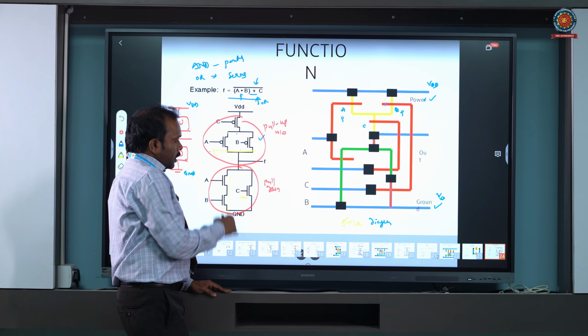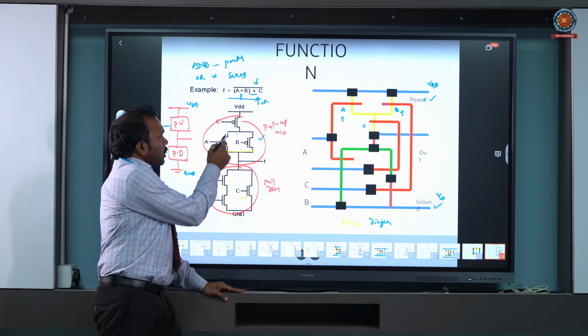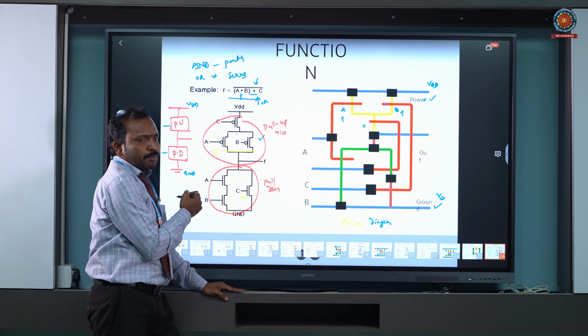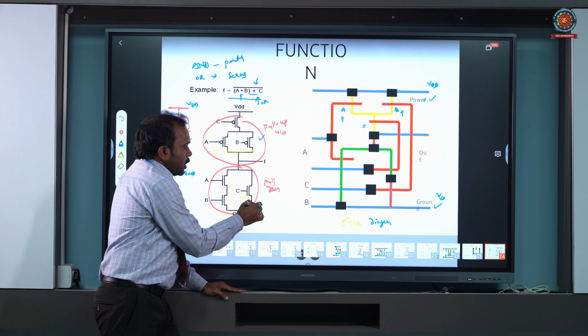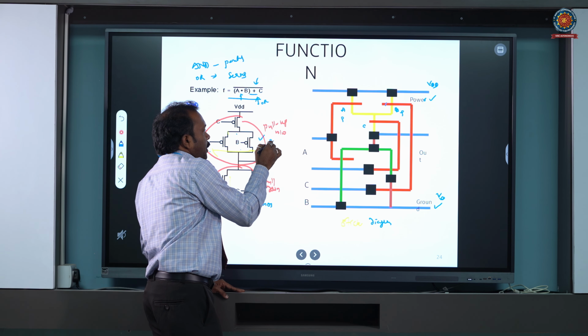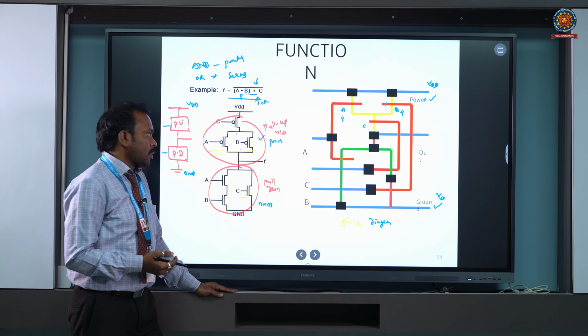Now coming to the down part, that is the pull down network. Now how can it be drawn? Here the ABC in the pull up network are PMOS transistors, and ABC in the pull down network are NMOS transistors. So that means the pull down network consists of NMOS transistors, and the pull up network consists of PMOS transistors. And how to draw the NMOS transistor? Red over green.